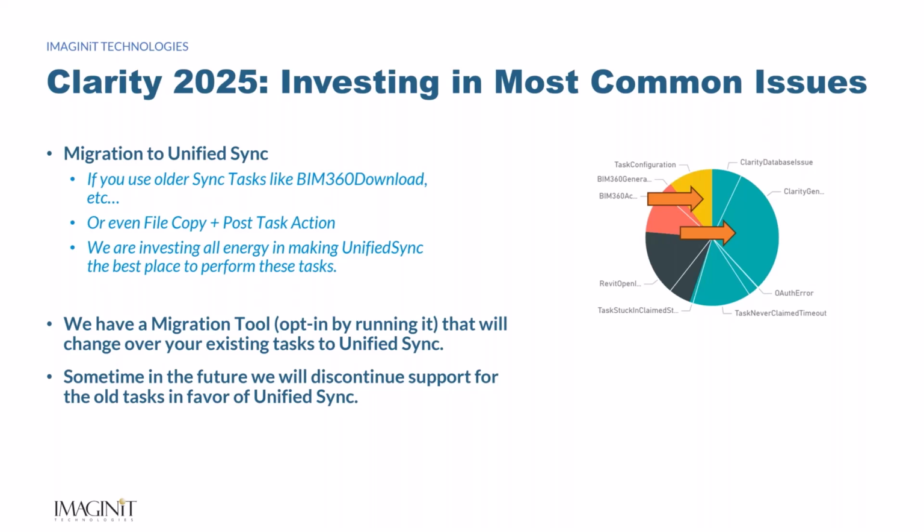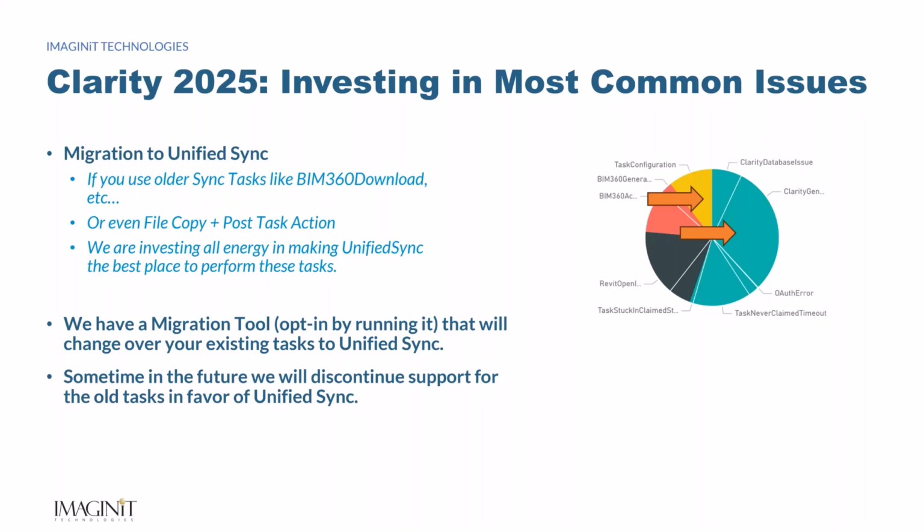Another topic that also came up is that we have over the past few years developed a lot of file synchronization kind of capabilities, but in the early days of this, we had a separate purpose-built task for each different system.